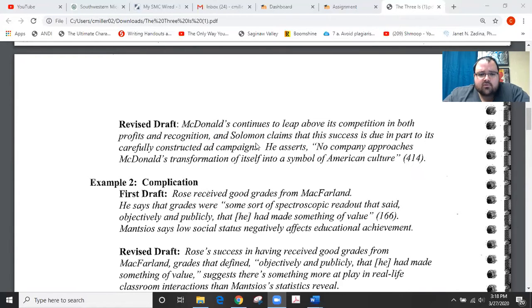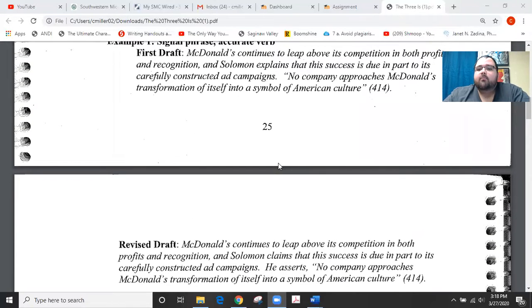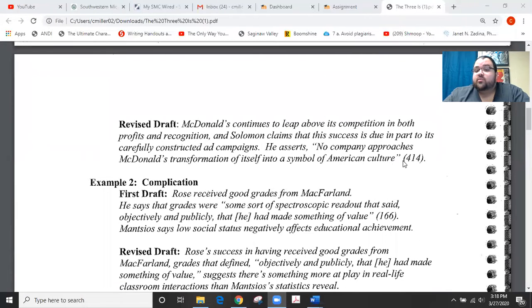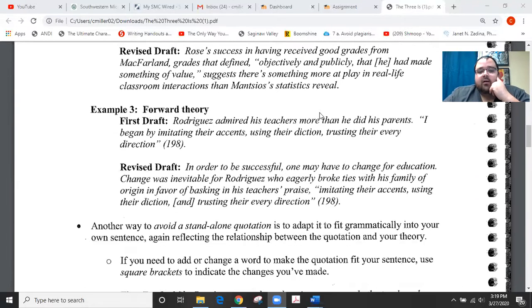Or is it McDonald's? Let's see here. Yeah, McDonald's. And that helps us understand a little bit more about who is actually saying this. So in the in-text citation, we could just include the page number because we have the author's last name used previous to it. You'll see another one here. Each one of these has page numbers.